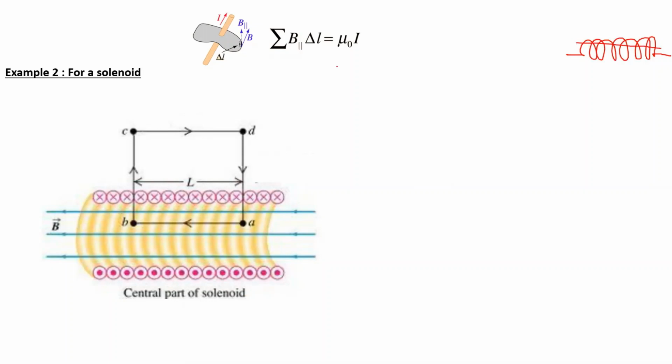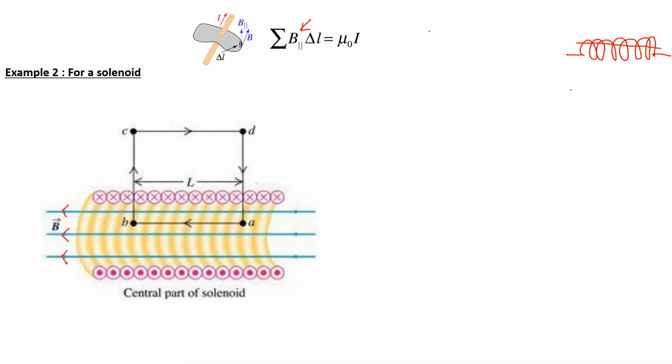We know that we use Ampere's law to find the B field. That is our main goal in using Ampere's law, to find the B field. Here, if you remember, the B field is not going in circles, right? It is going in straight lines.